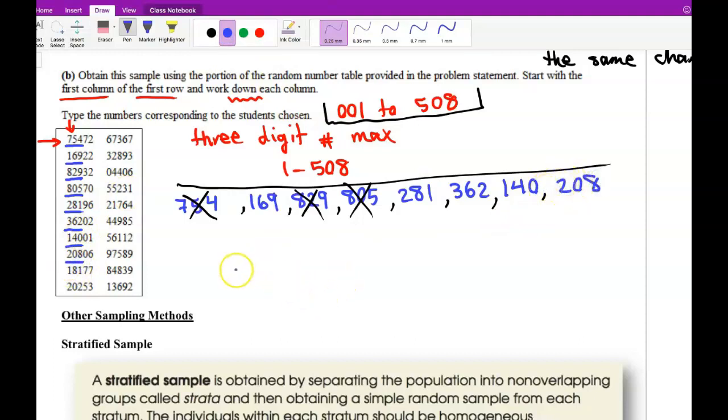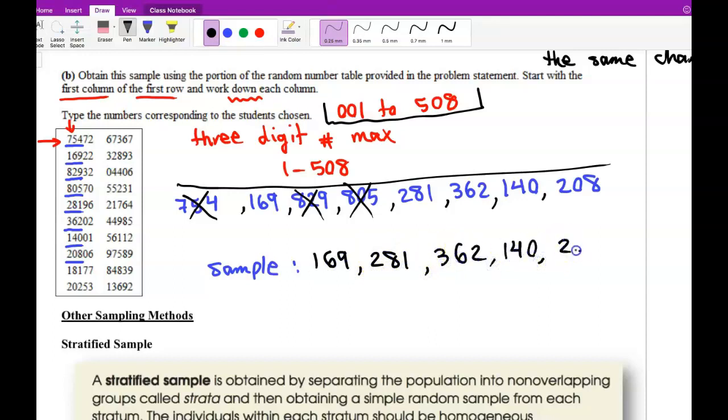So this is our sample. Our sample is 169, 281, 362, 140, 208.